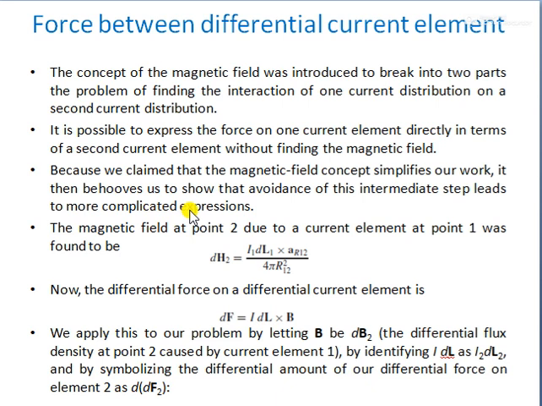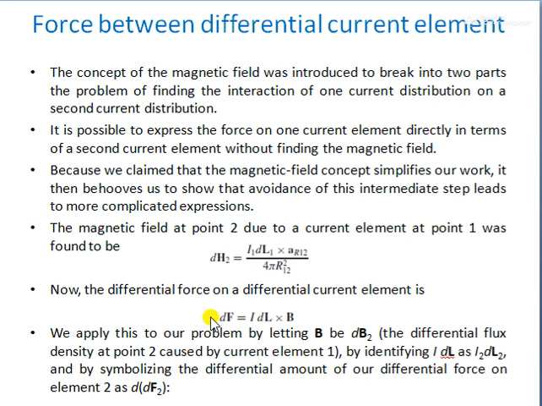So for that purpose, the magnetic field at point 2 due to the current element at point 1 was found to be dH2 equal to I1 dL1 cross aR12, divided by 4 pi R12 squared.